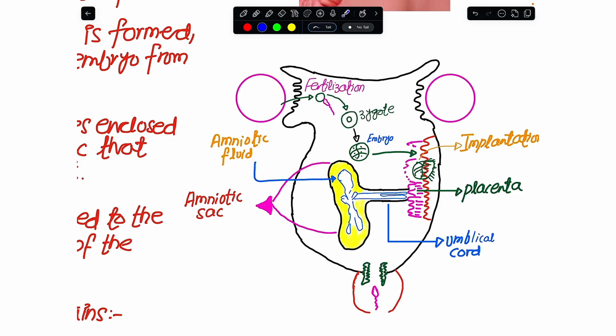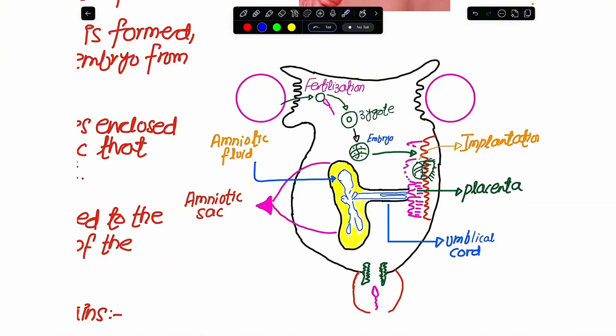The point that we have to notice is that now the fetus is not directly attached to the uterus, but rather is attached to the placenta with the help of the umbilical cord. And since this umbilical cord attaches the fetus to the mother's body, it has the umbilical arteries and the umbilical veins. We have a total of two umbilical arteries and a total of two umbilical veins.